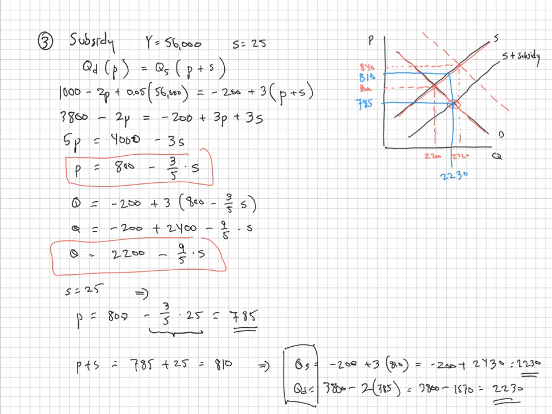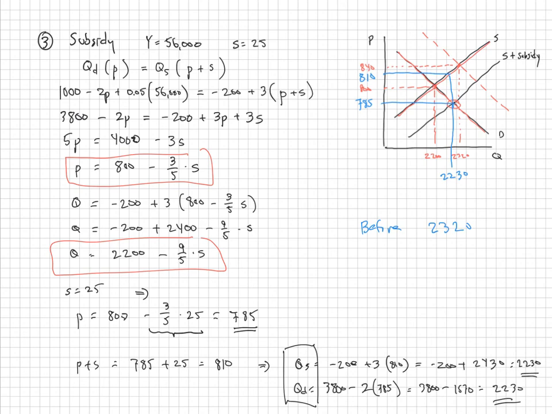And the last question was, of course, do consumers purchase more or fewer fast casual restaurant meals? Well, before the subsidy, but after the pandemic, they consumed 2,200. Sorry, what am I saying here?